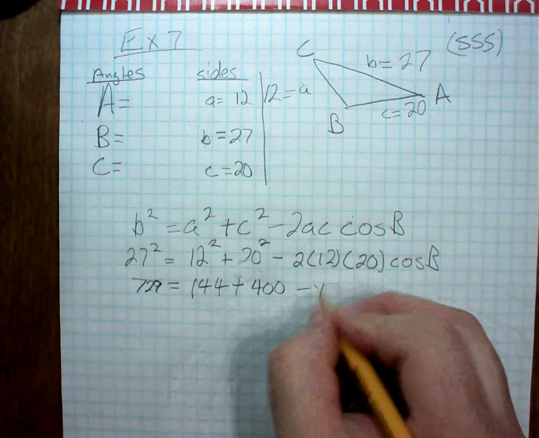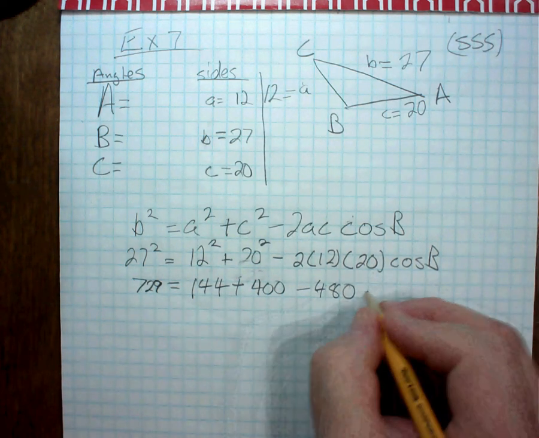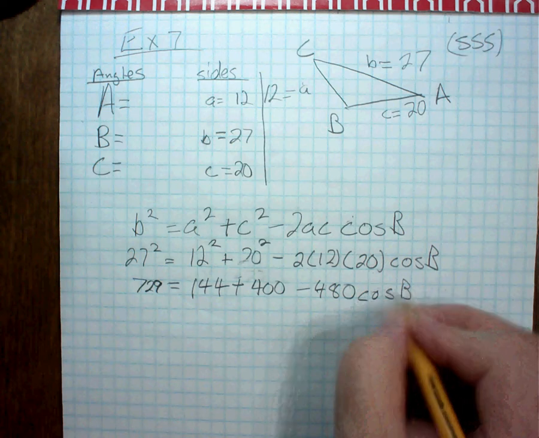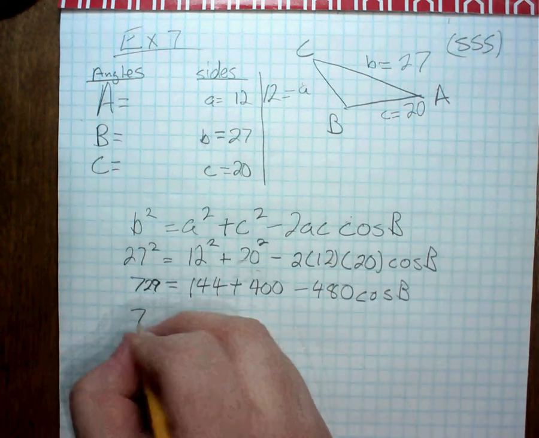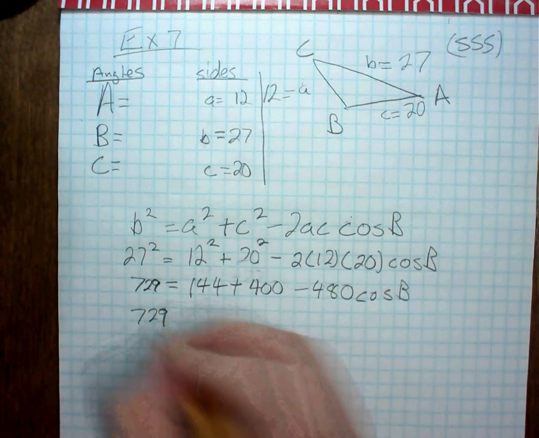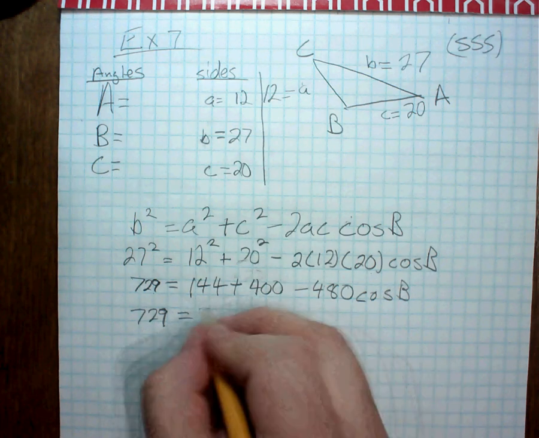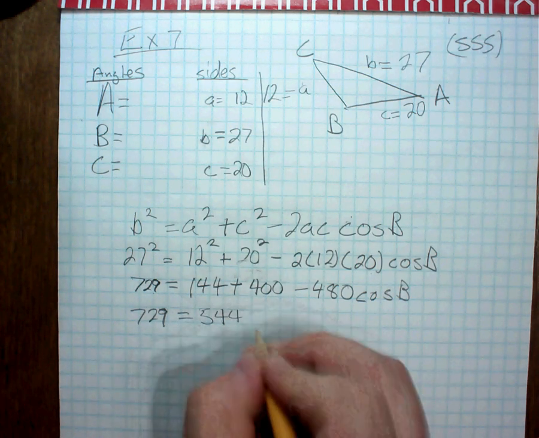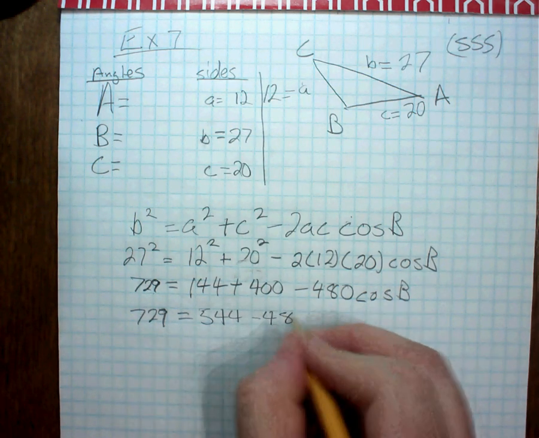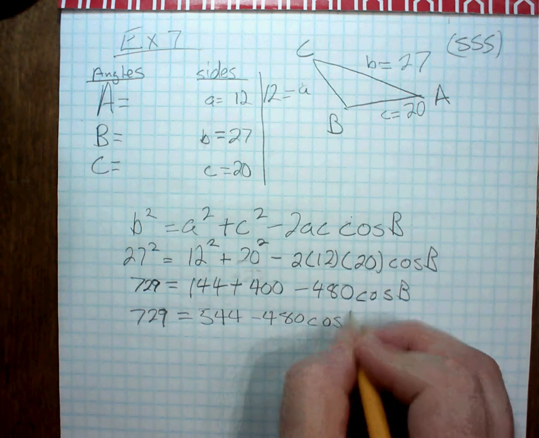Yep, 480 cosine of B. So when I add these up, I get 729 is equal to 544 minus 480 cosine of B.